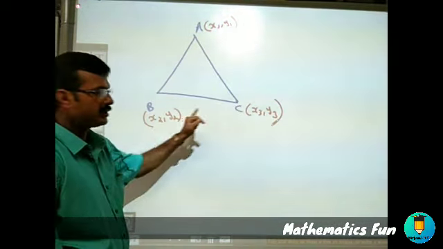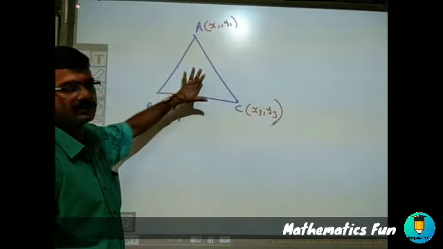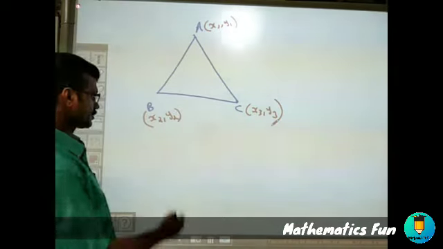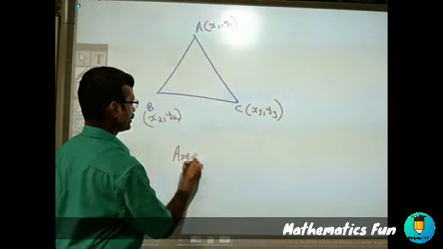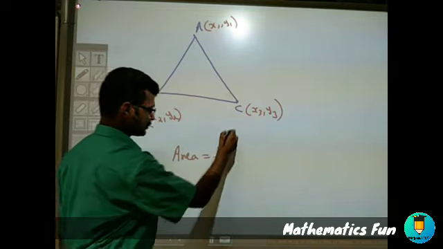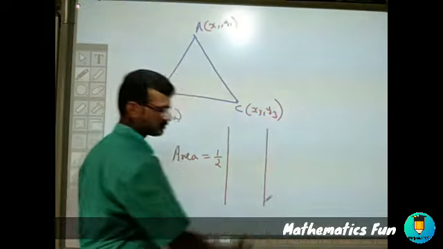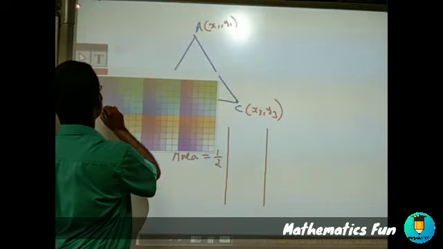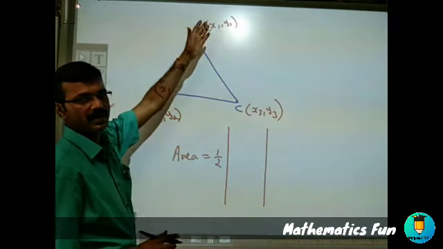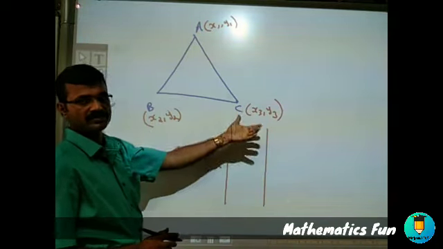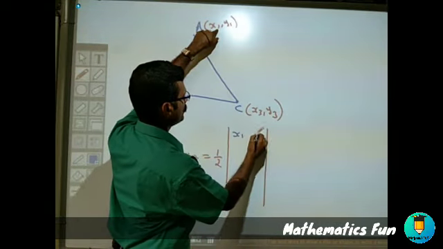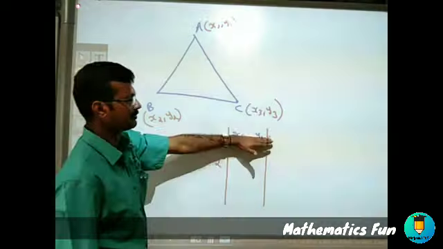The formula is derived by a very long process, so you have to memorize the formula. But there is also an easy way like this. The area of the triangle is equal to half. Just draw two vertical lines like this. Then you can start the coordinates from any vertex, either A or B or C. First of all, I am writing from A, so it is x1, y1.